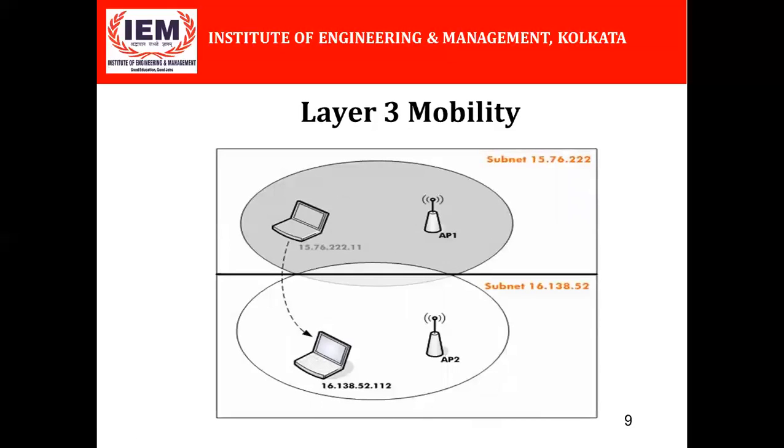When I talk about another thing, that is layer 3 mobility, what happens? There is one subnet mask, 15.76.222, with 24 bits of masking. Another subnet mask is 16.138.52, that means another 24 bits of masking address.